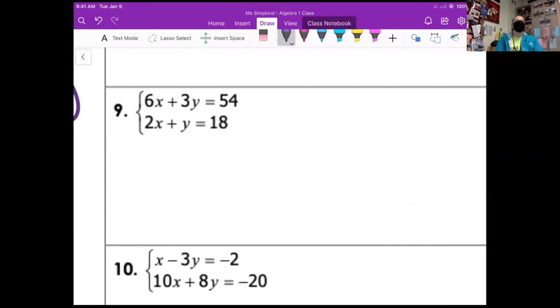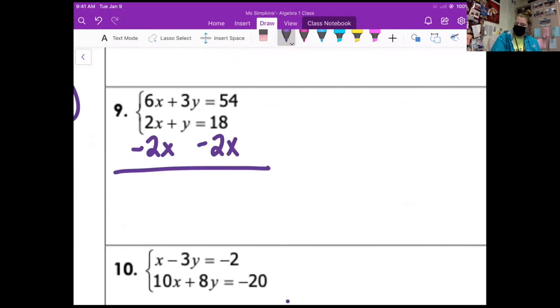Okay, so which of those 4 variables should we get by itself? The bottom y. So right now that bottom y is being added by 2x, so we want to subtract 2x to get y equals 18 minus 2x.